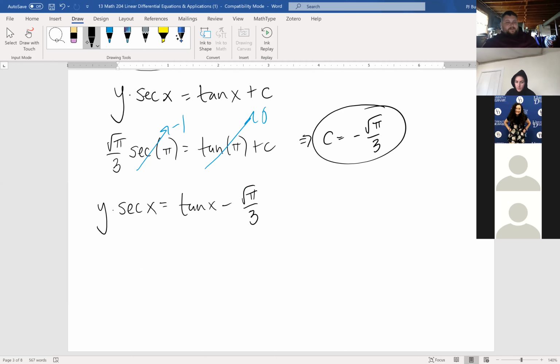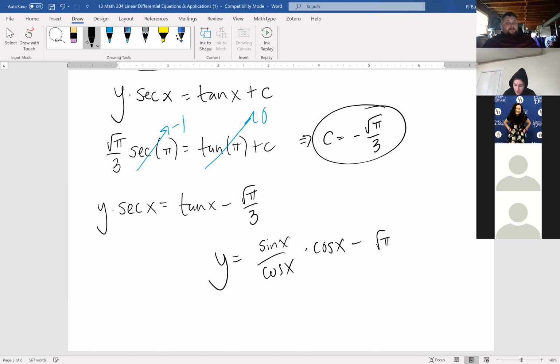So the last thing I would do is divide through by secant to get y equals. So see, tan is sine over cosine. If I divide by secant, that's like multiplying by cosine, right? So this is sine over cosine. And then dividing by secant is multiplying by cosine. And then this one, same thing.